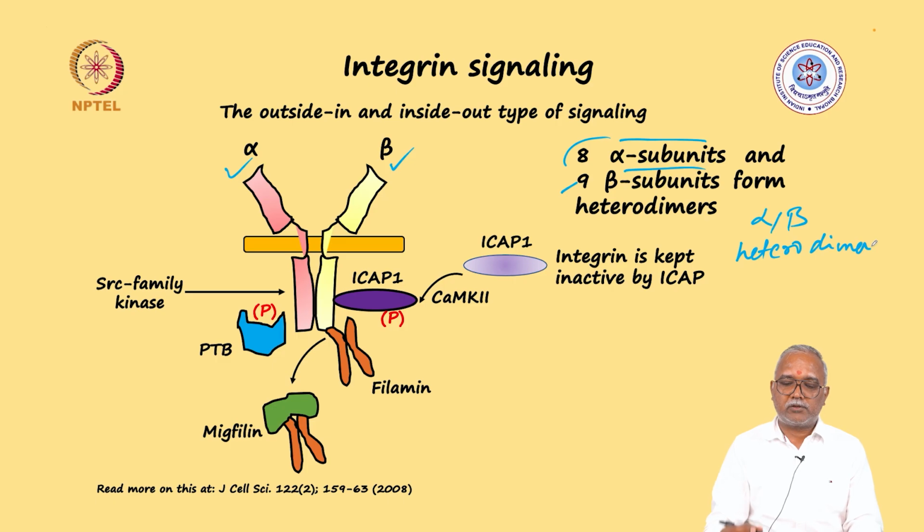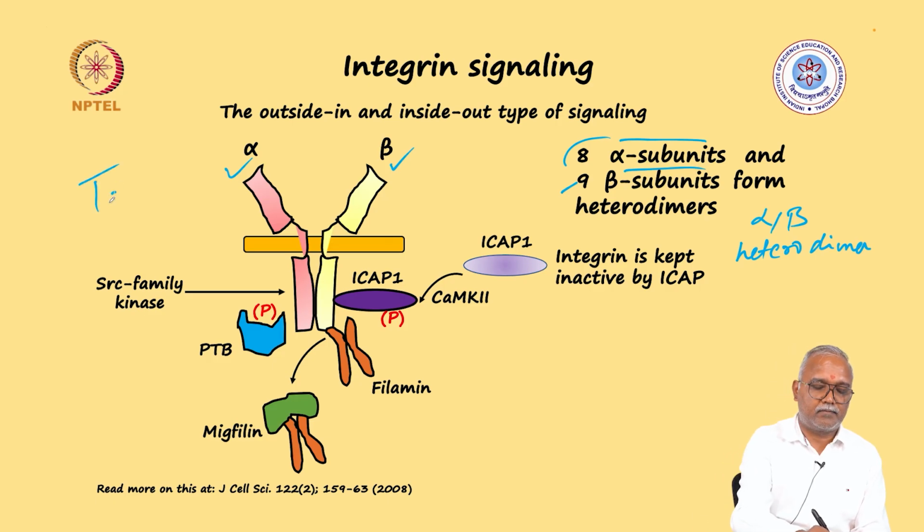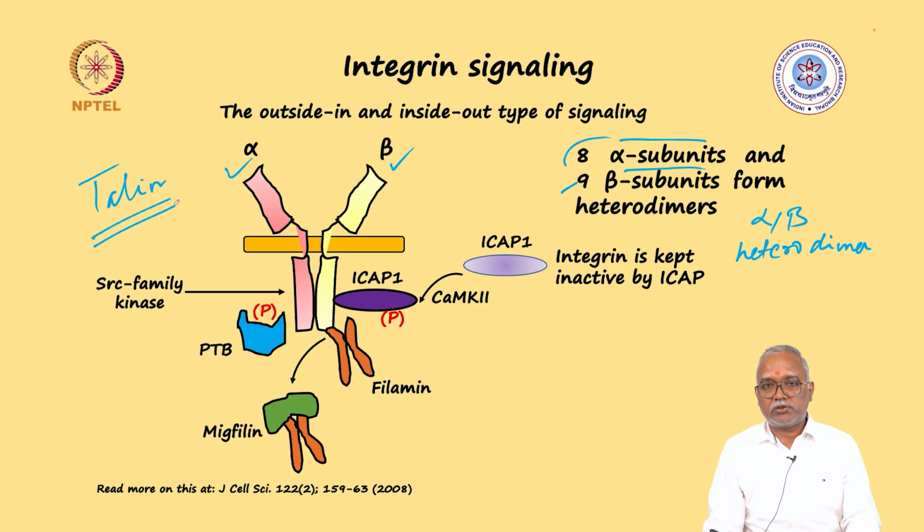So normally this receptor as a dimer is kept inactive because it requires binding of a protein called talin. And this talin protein is also kept inactive so that it is not randomly activating the integrin signaling.